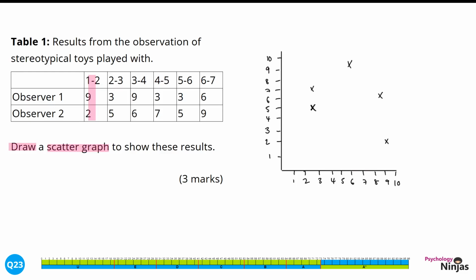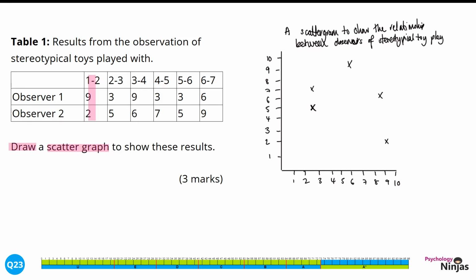We then want to give our graph a title. A scattergraph or scattergram to show the relationship between observers of stereotypical toy play.